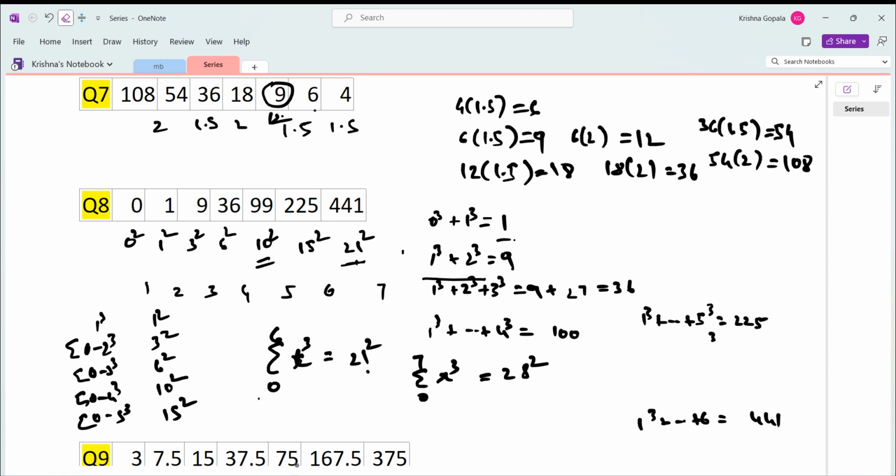If you are adding 1 to 6, it will become 15 plus 6, that is 21 square, up to 6 cube. Understood this? This is a very important problem.